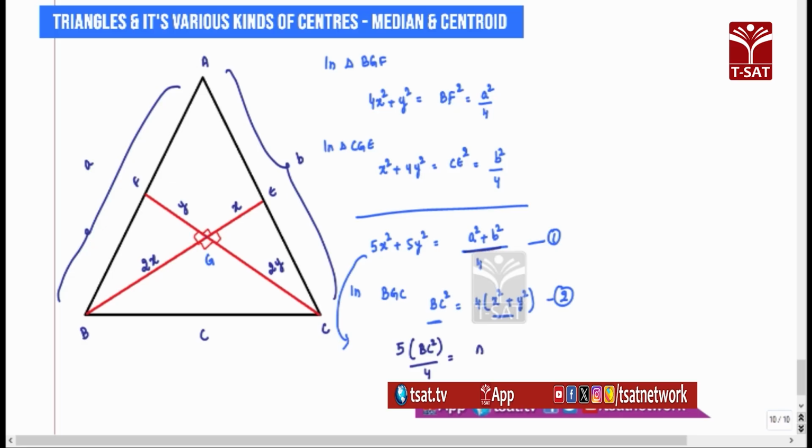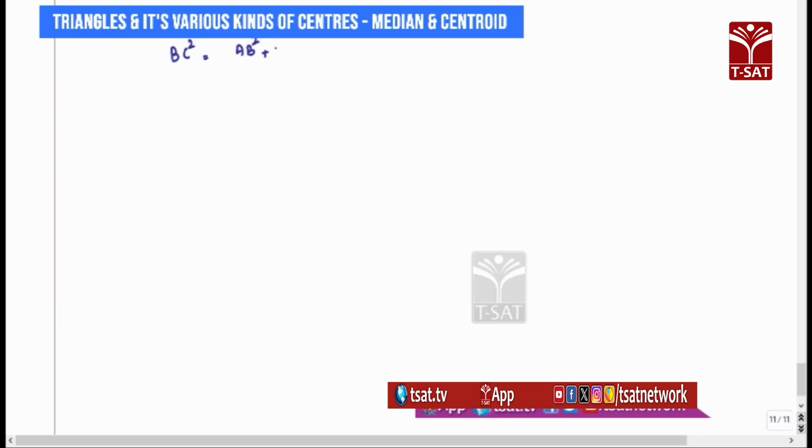A square means AB square plus AC square, by 4. The 4 gets cancelled. BC square is equal to (AB square plus AC square)/5. BC, the third side, is equal to under root of (AB square plus AC square)/5.